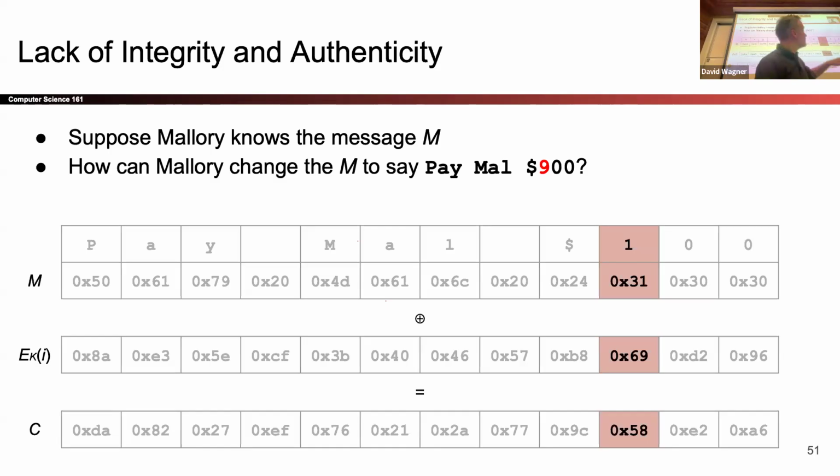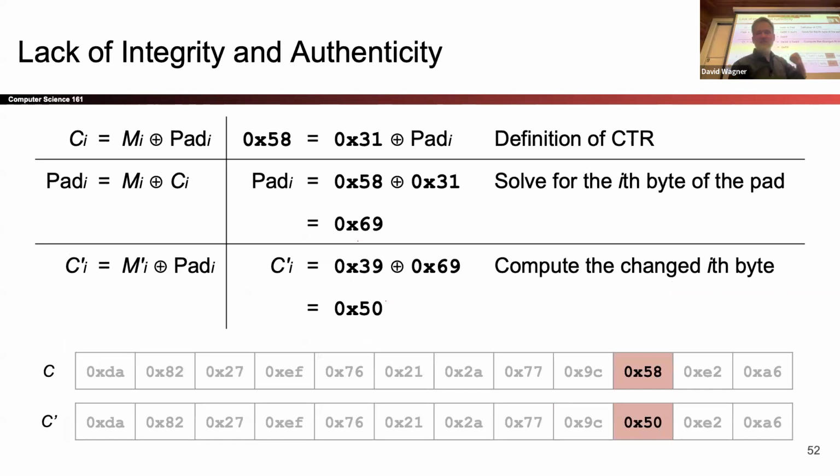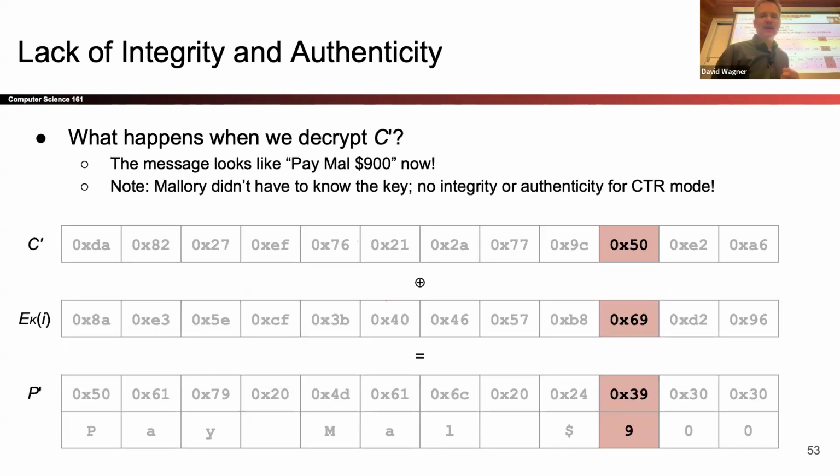Okay, so let's look at what happens if Mallory flips that bit position in the ciphertext. Flipping that bit changes a 5-8 to a 5-0. So suppose that Mallory changes the ciphertext from 5-8 to 5-0 by flipping that 1 bit in the ciphertext. What happens when that gets decrypted is the 5-0 gets XORed with the pad.